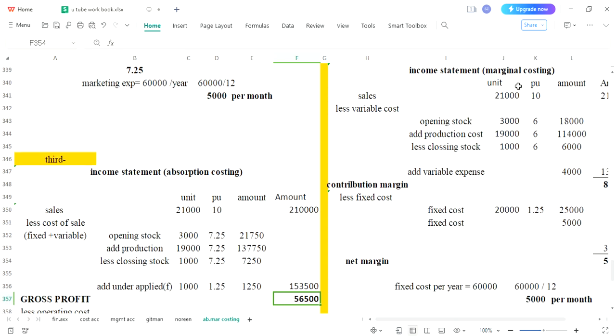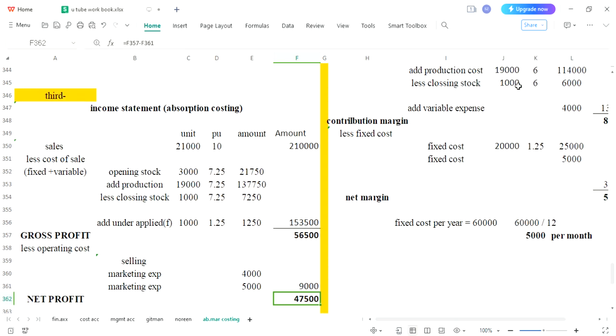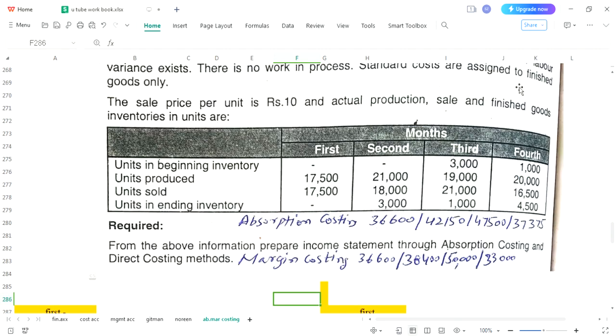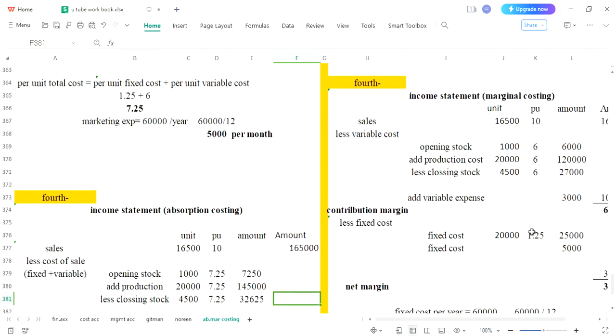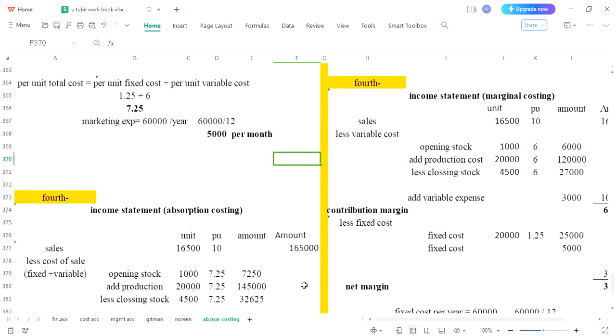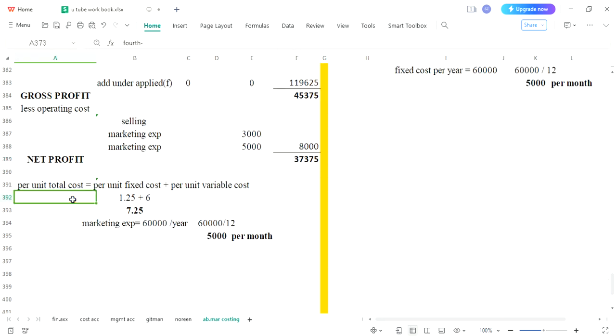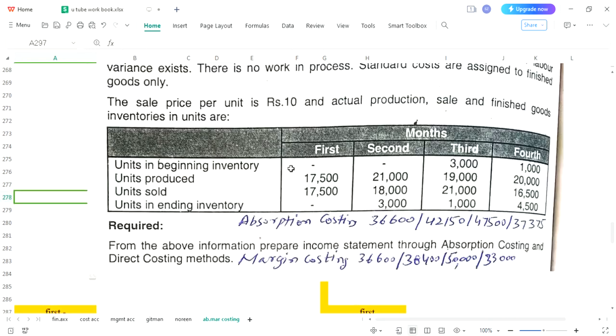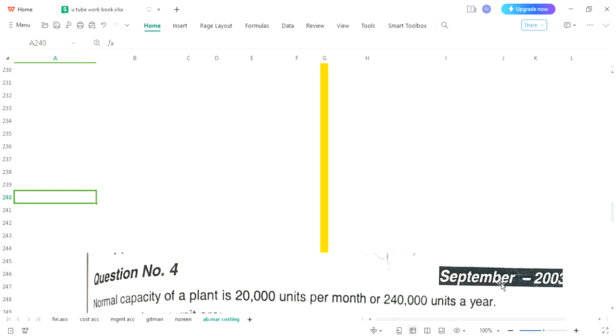This is your third part and the answer is 47,500. For the fourth part 37,375. This is your fourth part and the answer is 37,375. Okay. So as you can see, we have reviewed all four answers of absorption costing and all four answers of marginal costing. It means our question is now 100% completed.